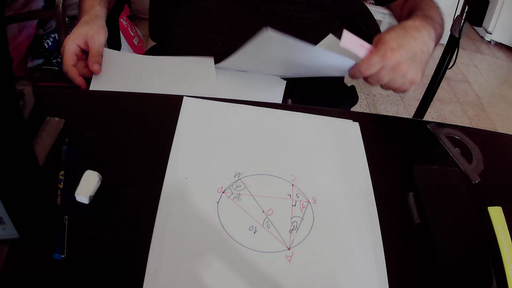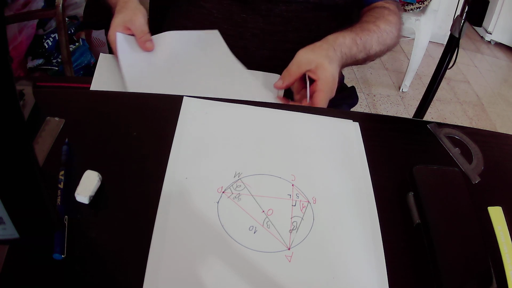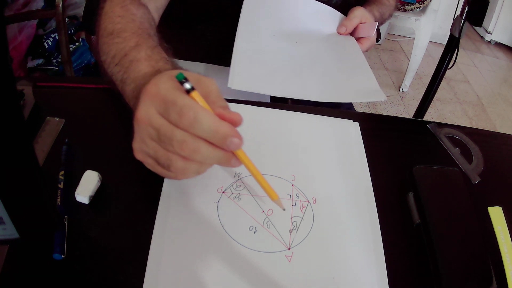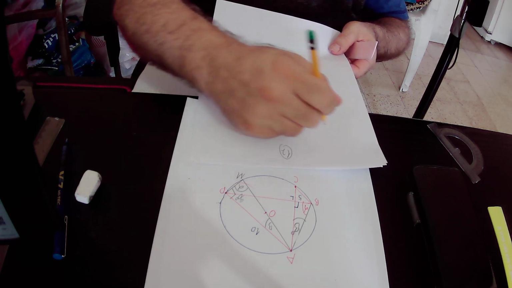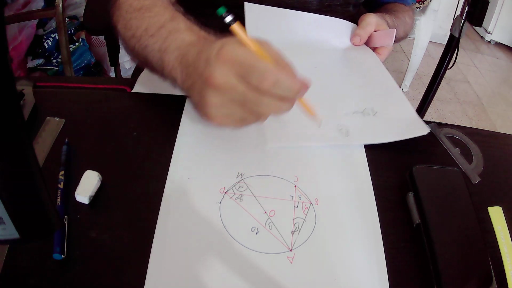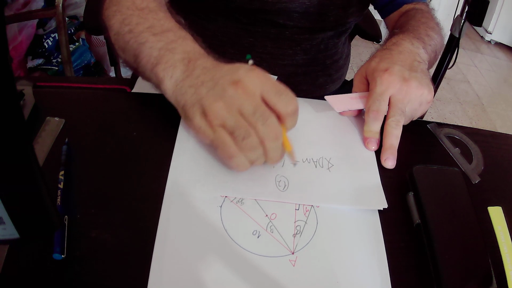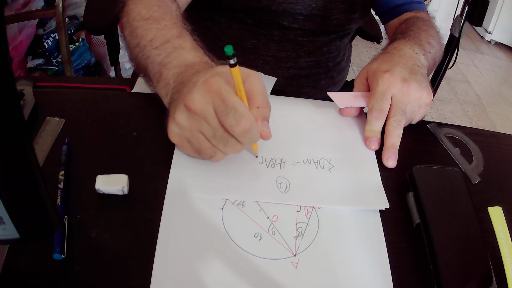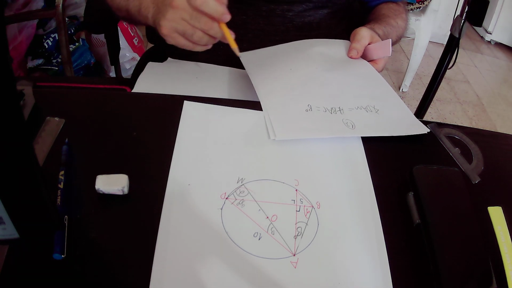So we have angle DAM equals angle BAC equals beta.